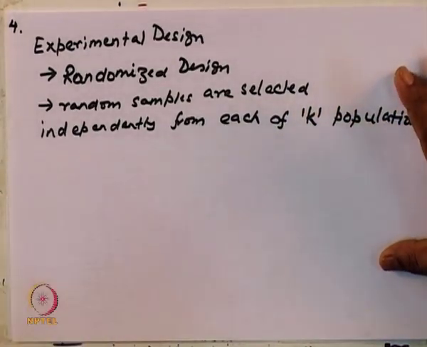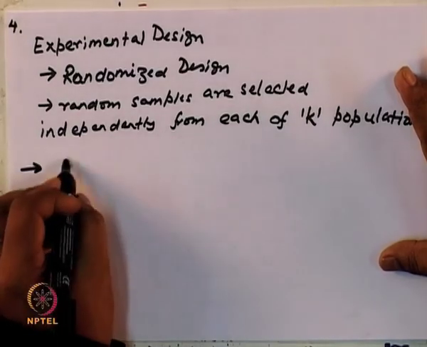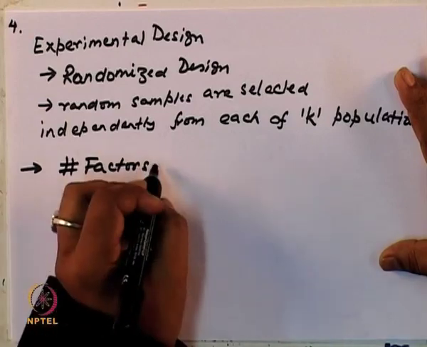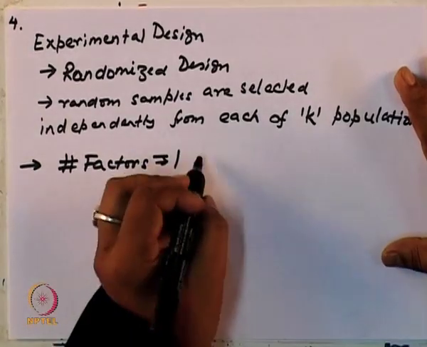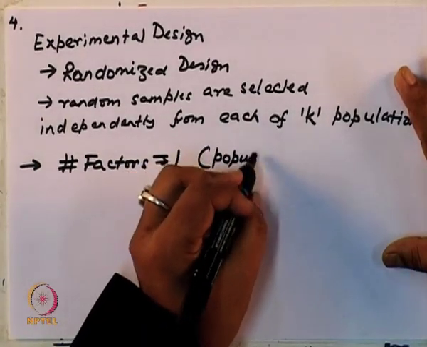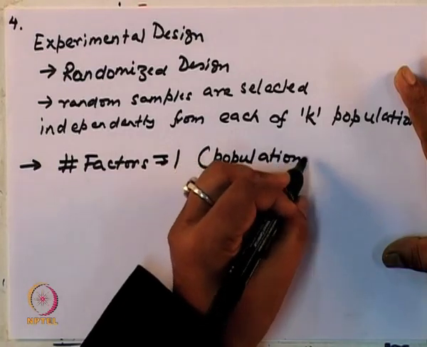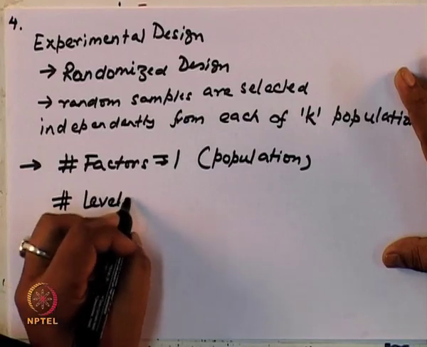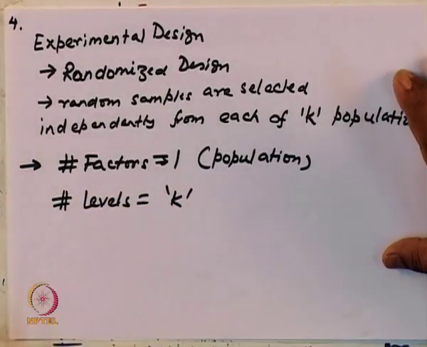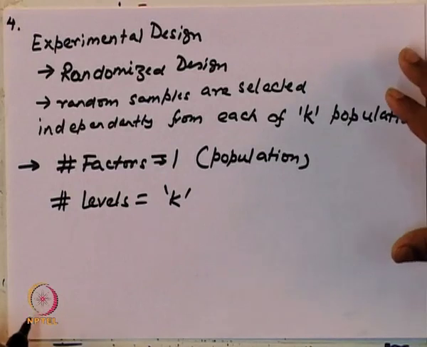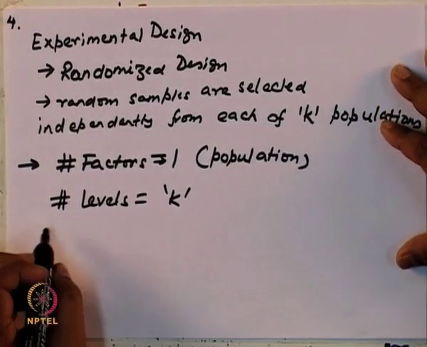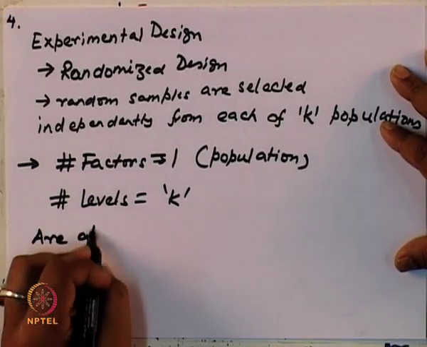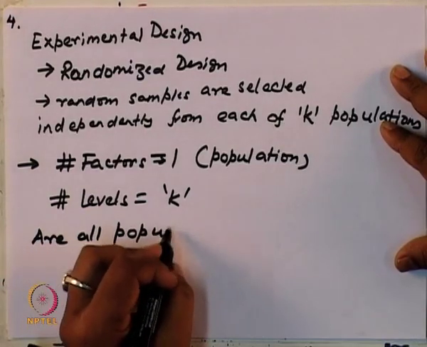In this particular case, the number of factors is equal to 1, since you just have population as your variable. But the number of levels of the factor is equal to k, because you have k such populations. So, you can ask the question, are all population means the same?